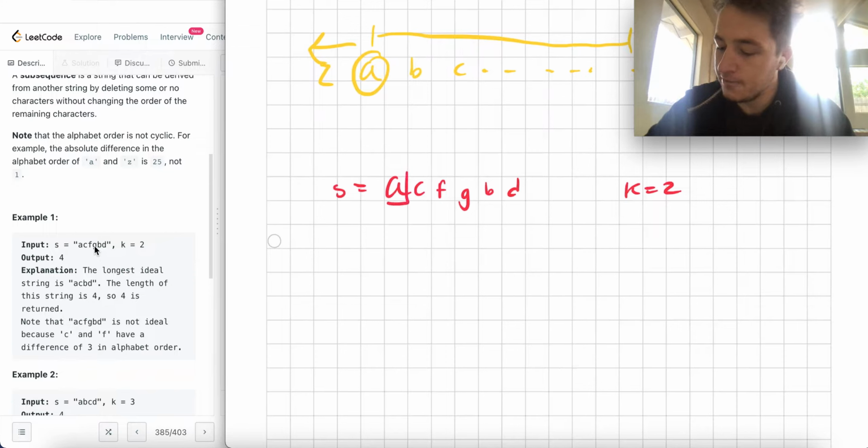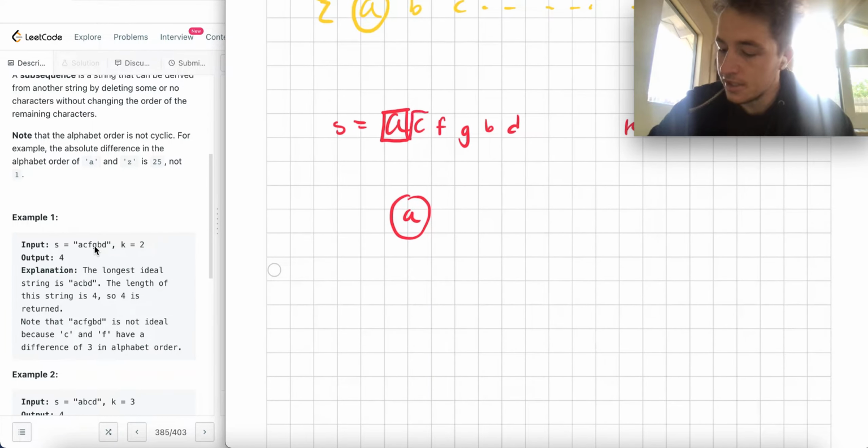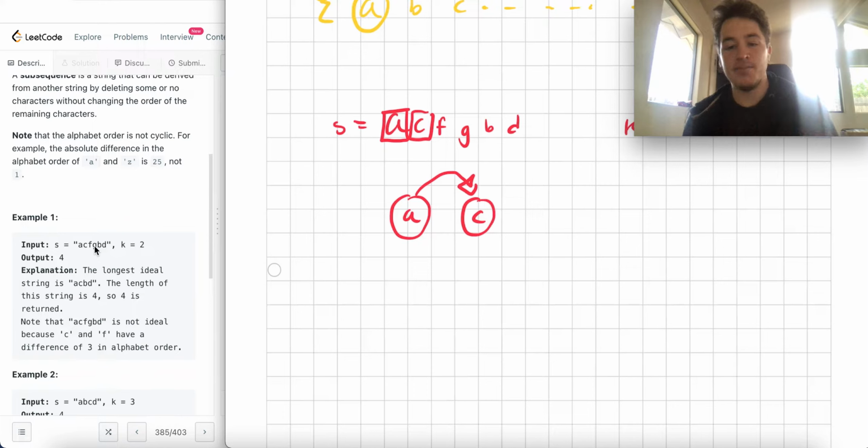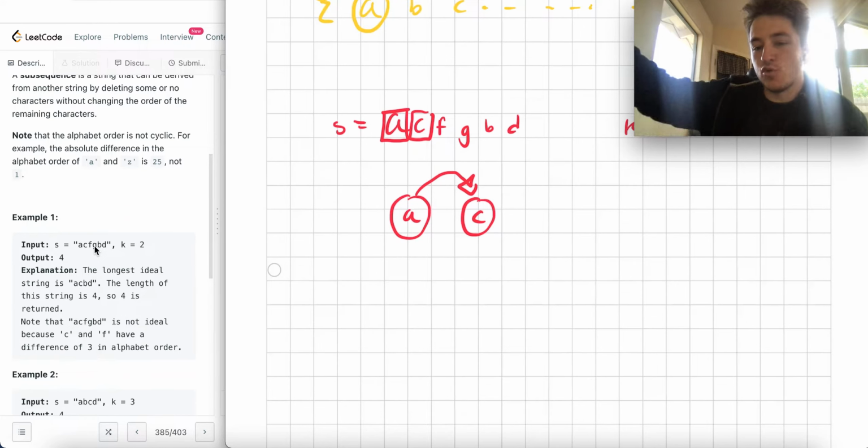So when we look at A, the longest thing we can get with A is just A itself. When we look at C, the longest subsequence we can get with C, well, A is 2 letters away, so you can include A in this subsequence. Now we can just automatically add C to this subsequence, because the longest subsequence for C will be the best subsequence for any subsequent character.